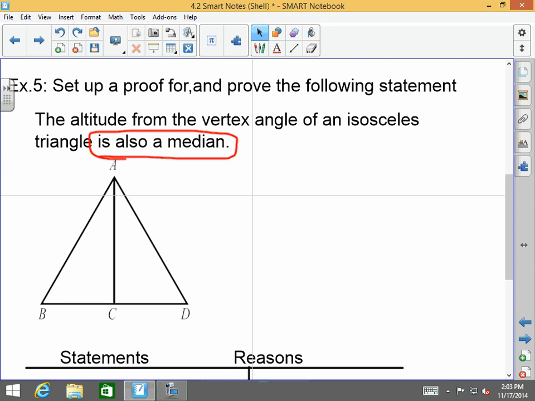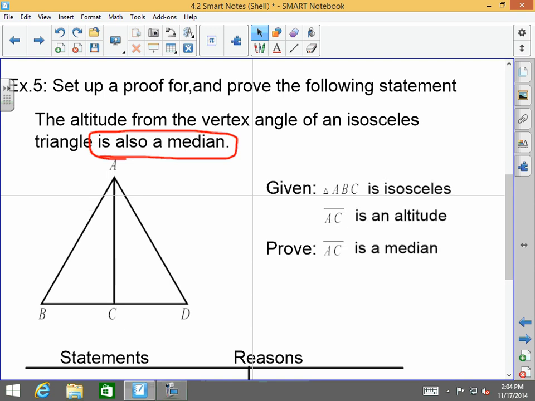So the only thing that I know for sure that I was given is that triangle ABD is isosceles, that AC is an altitude, and that's it. That's all I know for fact. I'm trying to prove that AC is a median.